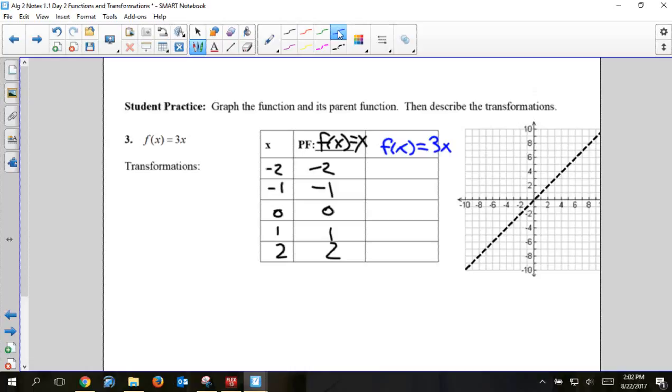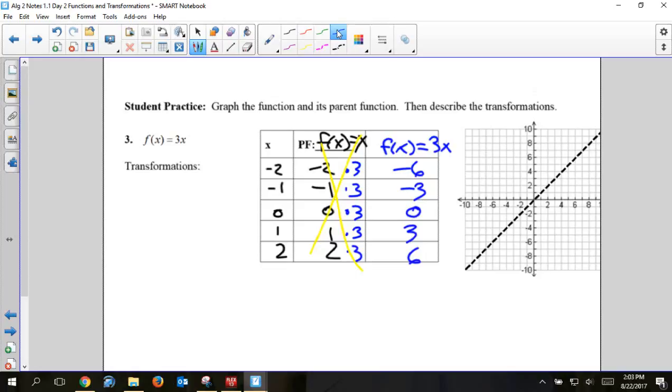Okay. So now we ask ourselves, to get from the parent function to the new function, what's happening? Multiply by 3. So we're going to multiply everything by 3. Oh, not everything. Just the y values. We're going to keep the same x's. We're multiplying the y's by 3. So we get -6, -3, 0, 3, 6.